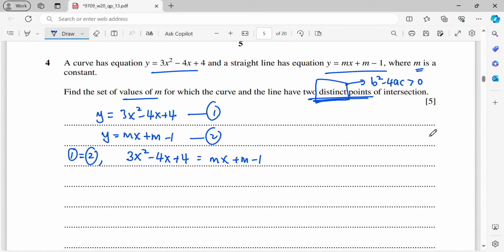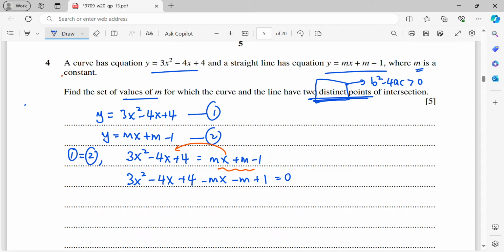Okay, so from here, we are expected to get a quadratic equation. So you have to move all the terms from the right side to the left side. Okay, so when I moved, I will get 3x squared minus 4x plus 4. The mx becomes minus mx. Then the m minus 1 becomes minus m plus 1 equals 0.